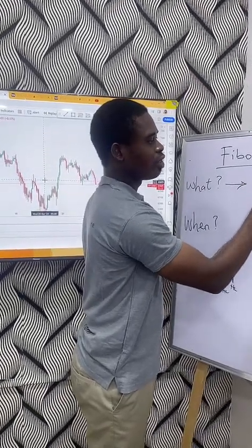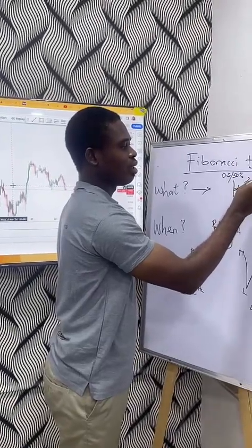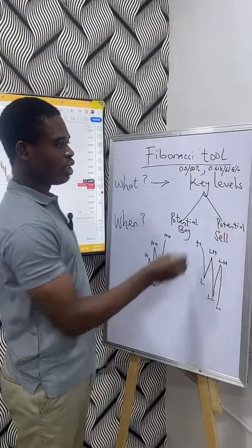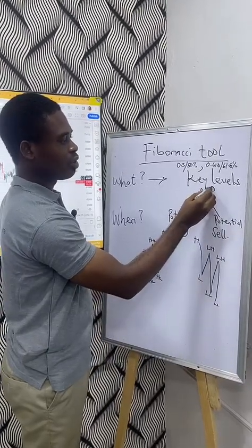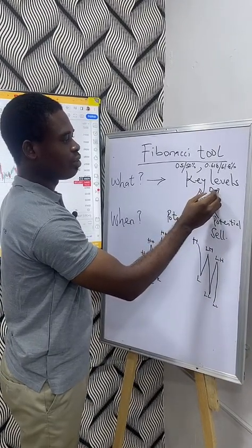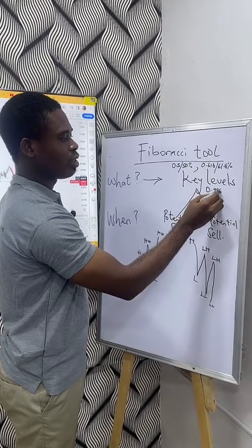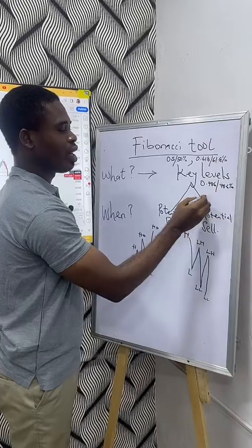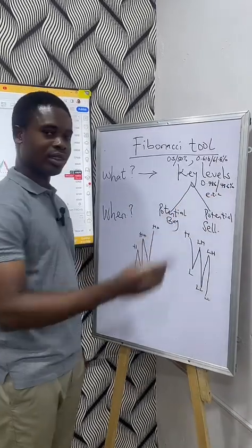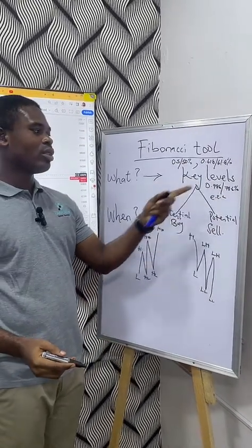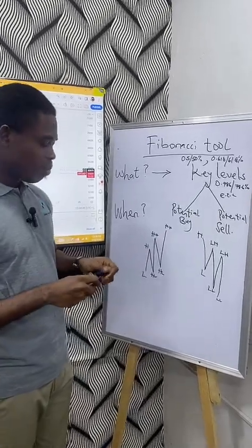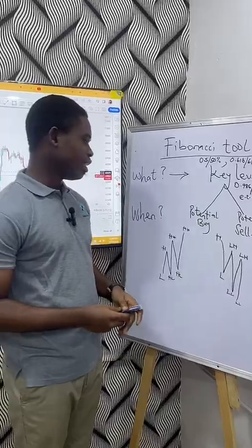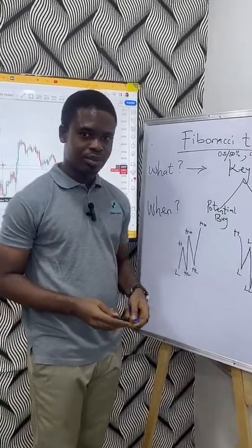Okay, we have 0.618 or 61.8% levels. We also have 0.786 or 78.6% levels, etc. We have more than that, but these are the key levels traders are willing to buy or sell in the financial market.